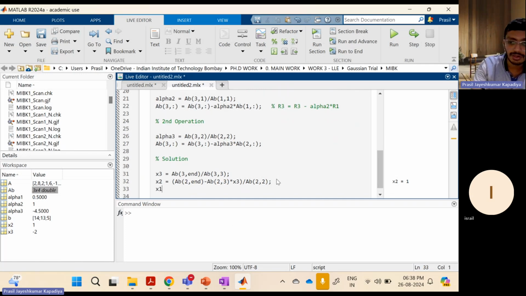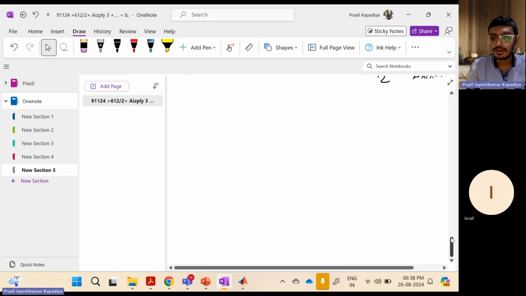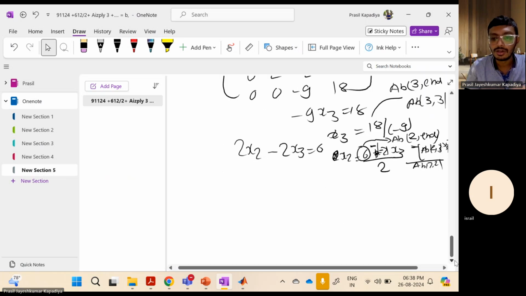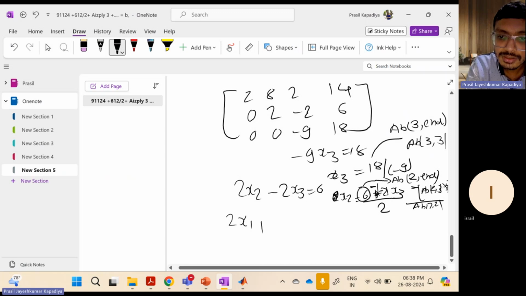Now x1 is equal to, okay, so let's see how I can define my x1 element. 2x1 plus 8x2 plus 2x3 is equal to 14.